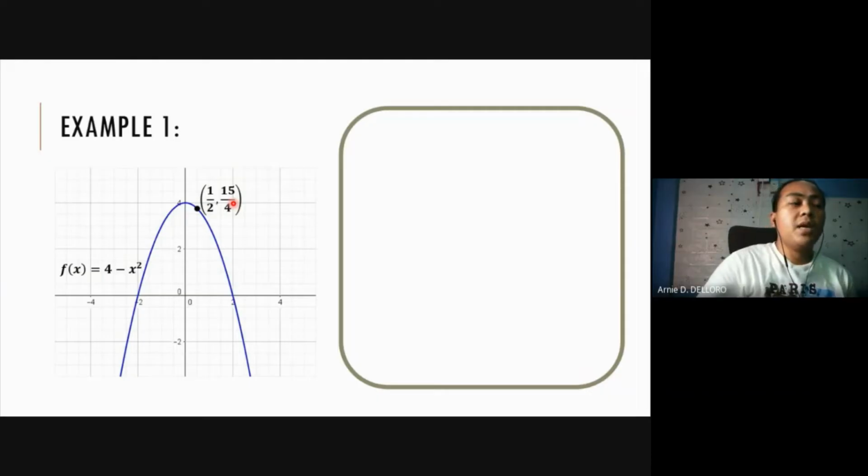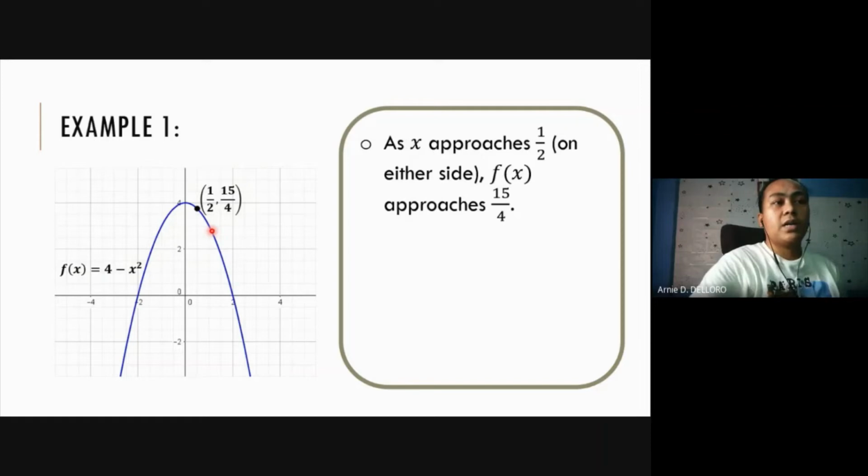So, pwede nating sabihin na the limit of the function 4 minus x squared as x approaches 1/2 is equal to 15 over 4.